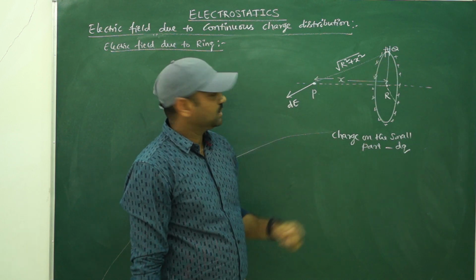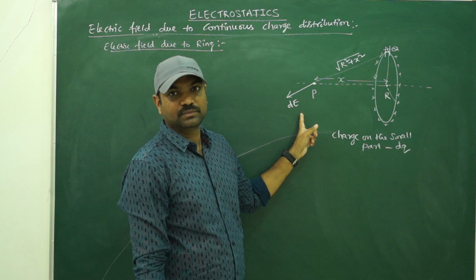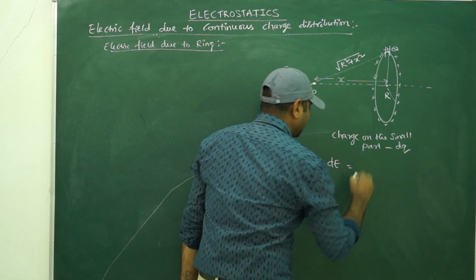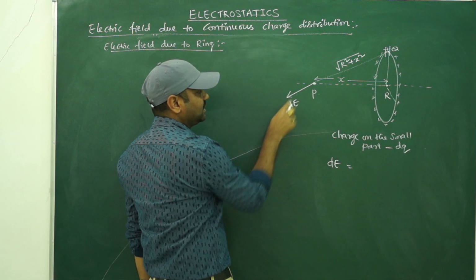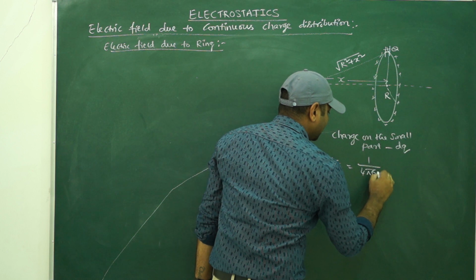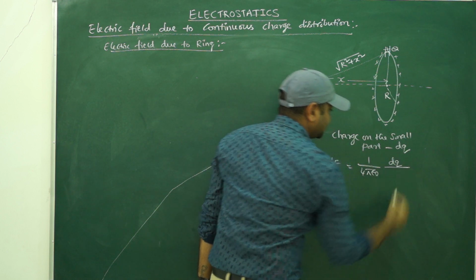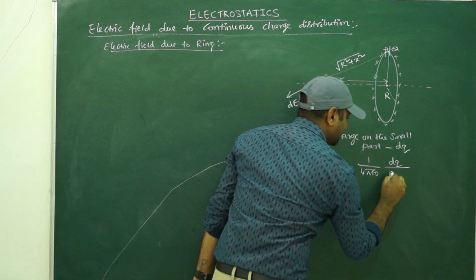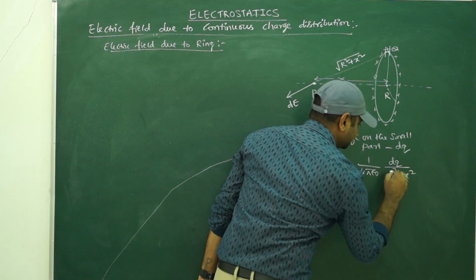And the distance I know. Then I can write the dE value, the field magnitude: dE is equal to 1 by 4 pi epsilon naught times dq by the distance square, which is R square plus x square.